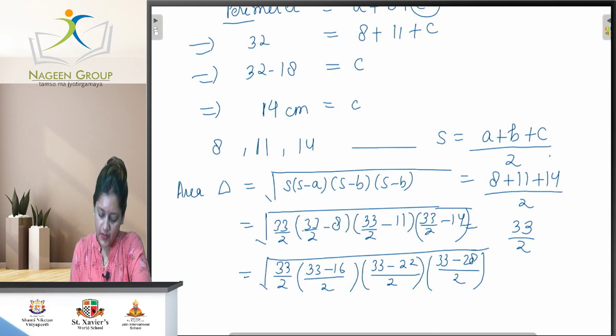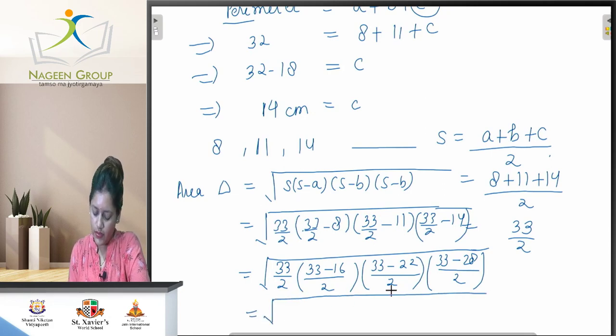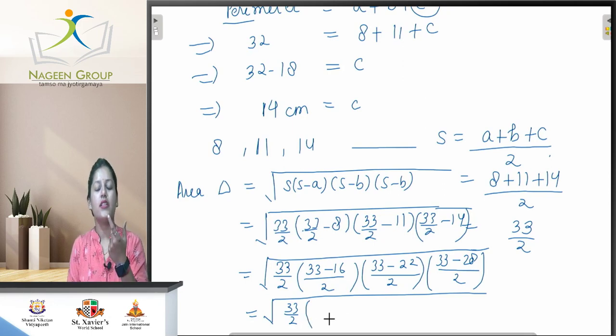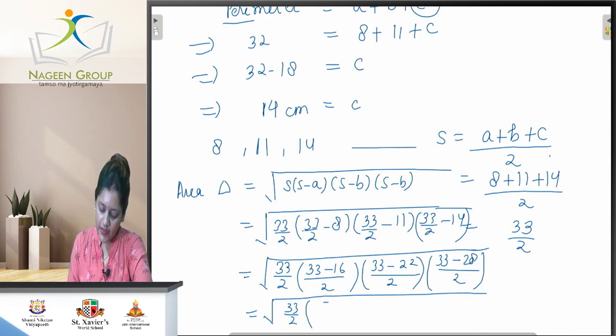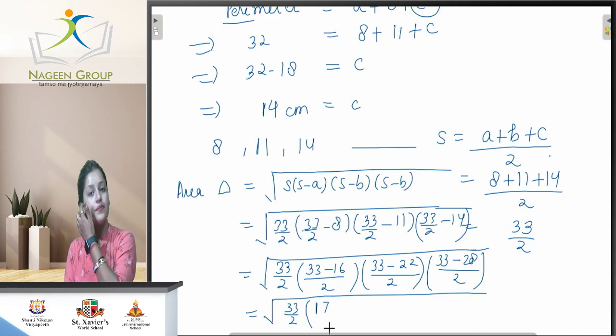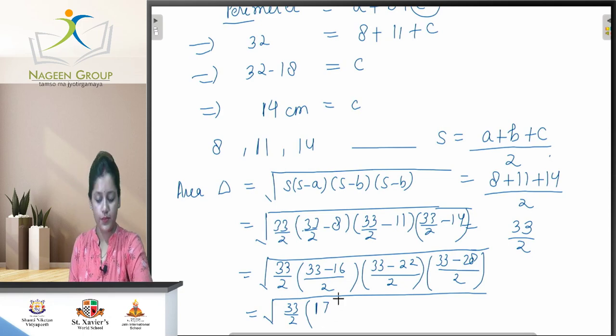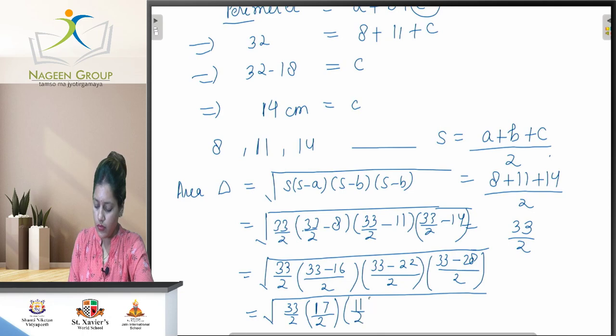After that, under root 33 by 2, and when we subtract 16 from 33, what do you get? You get 17. Is it true? Okay. Now 11 by 2 and 5 by 2.